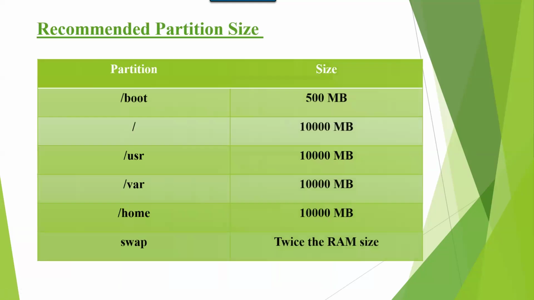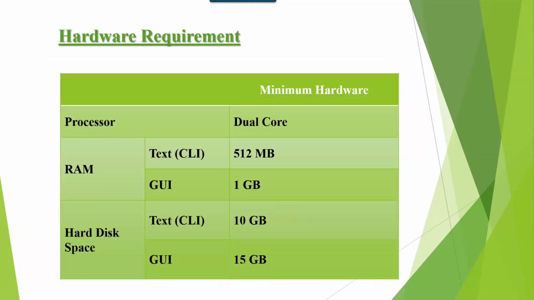And now, these are the minimum hardware requirements for OS installation. If you are going with the command line interface, 512 MB RAM is enough. If you're going with the graphical user interface, 1 GB RAM is needed. You can install the Linux operating system. For hard disk, if you're going with the command line interface, 10 GB space is enough.